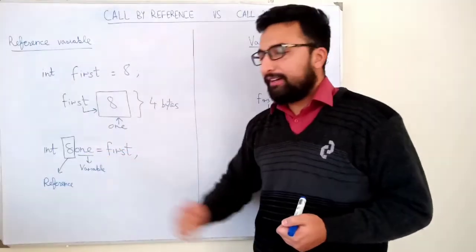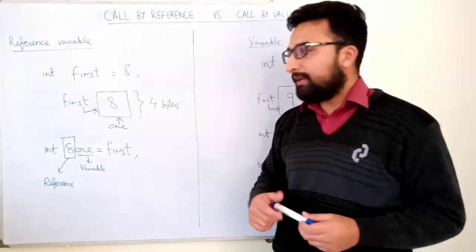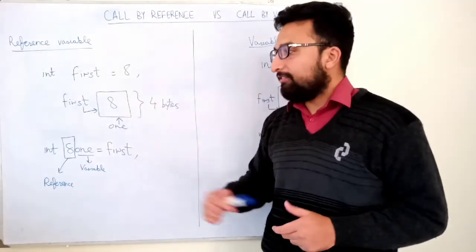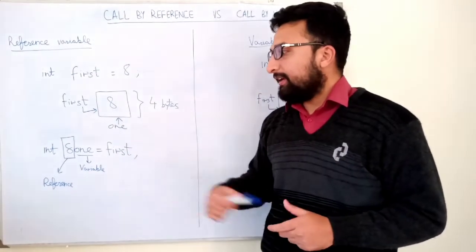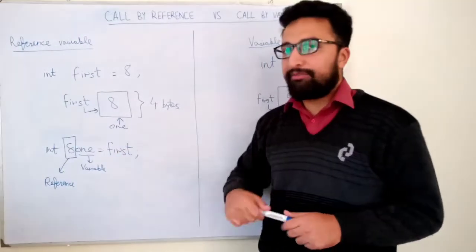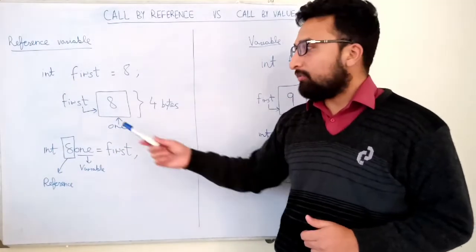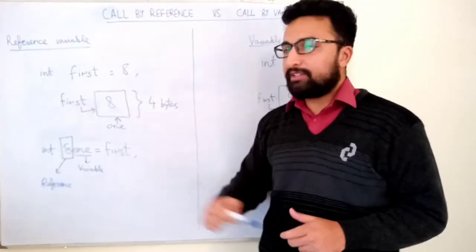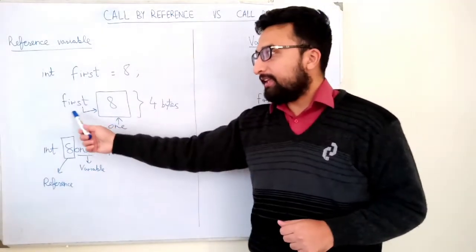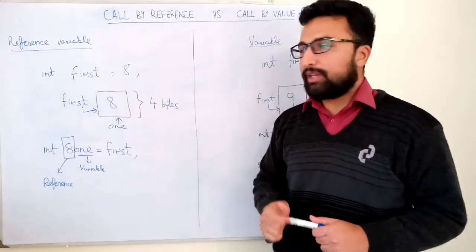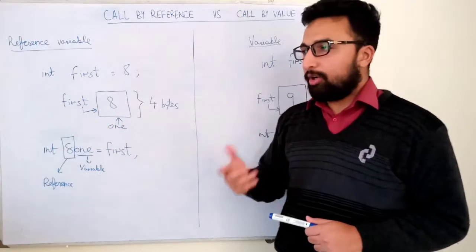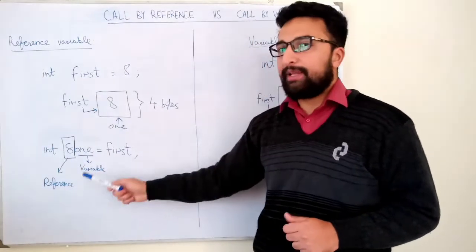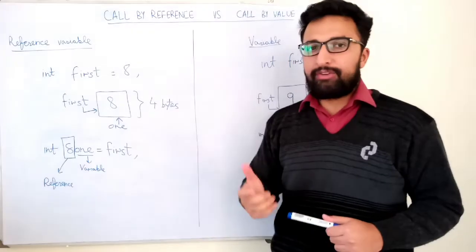However, when we define our reference variable 1 and initialize it to another variable first, it makes 1 the reference to the same memory space that was being named first. Now this space in the memory has two different names. This space can be accessed through the name first, and also through the name 1, because 1 is now the reference variable that is initialized to the variable first.